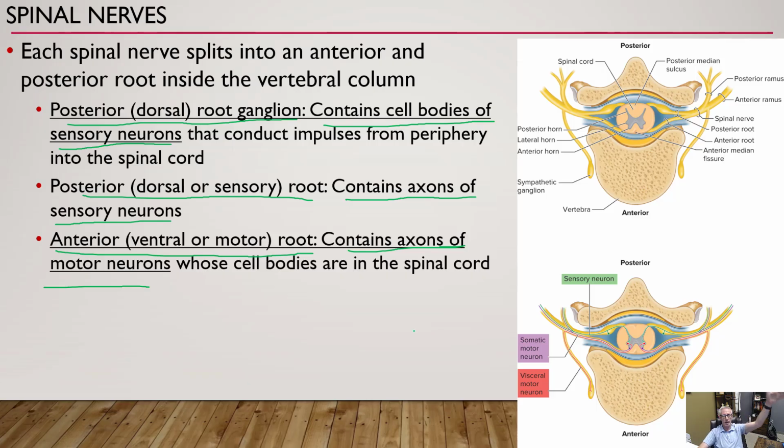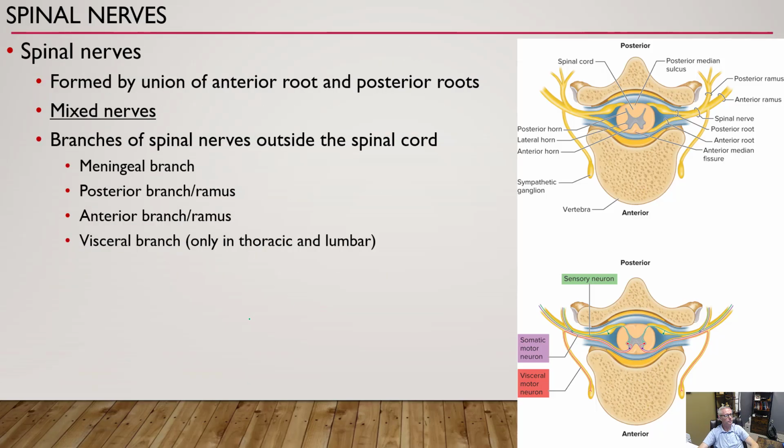So the receptor goes into the afferent sensory neuron, through the posterior root, and the posterior horn of the spinal cord connects up with the interneuron, and that goes into the motor or efferent neuron out through the anterior root.